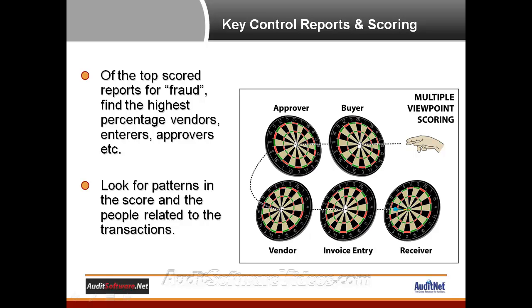So if we took a risk score for fraud and summarized the transactions by buyer and by approver, we can actually start to figure out maybe collusion, where we can see a buyer associated with that vendor, associated with that invoice enterer, that over time if all of those scores show up high for each one of these people, we may want to do a combined query that says, if the buyer is X and the vendor is Y and the invoice enterer is Z, let's pull those transactions because they have a high chance of working together to create these high-risk transactions.